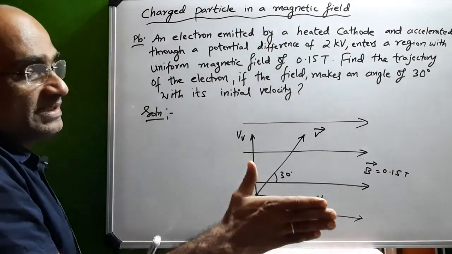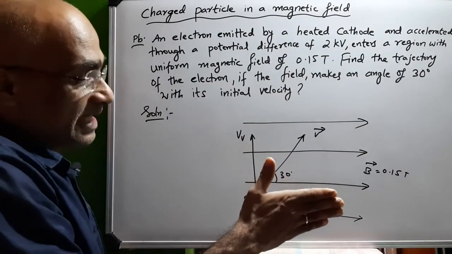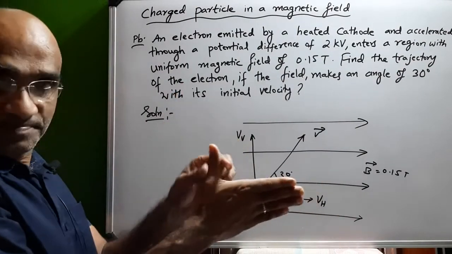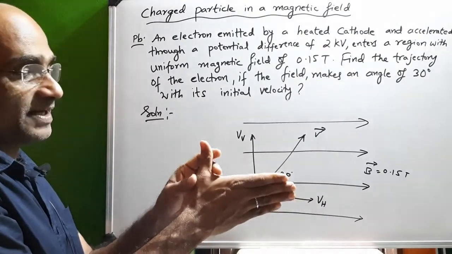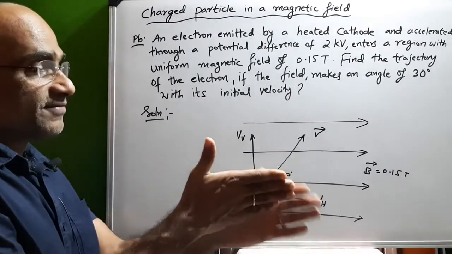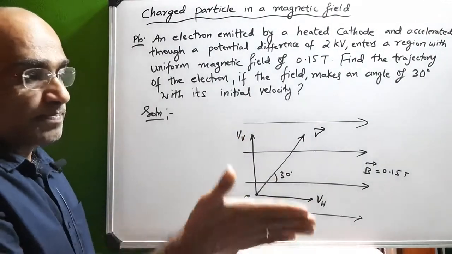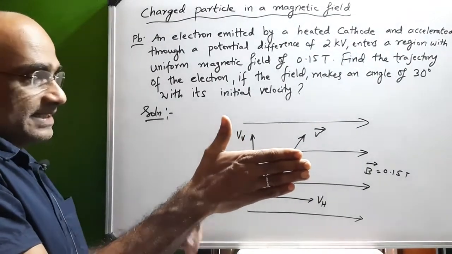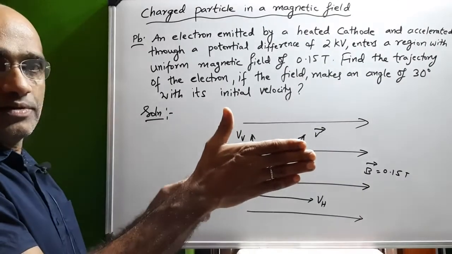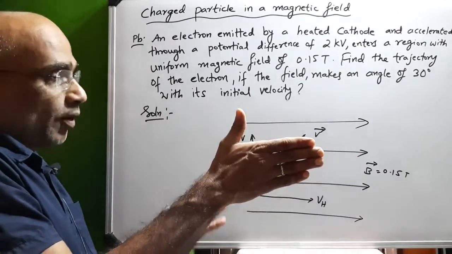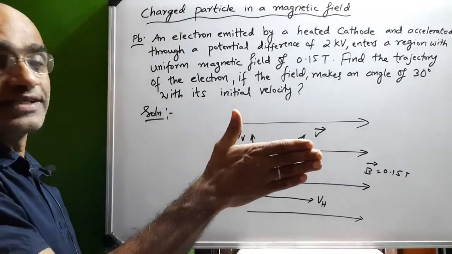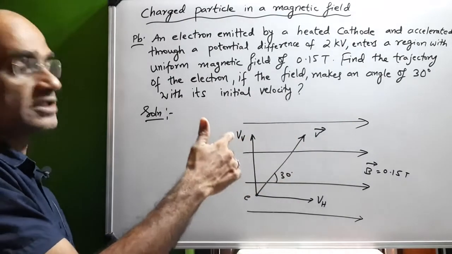The thumb gives the direction of the velocity of the charged particle or the movement of charges. The extended fingers give the direction of the field, and the open palm points towards the direction of the force that is going to act on the charged particle.